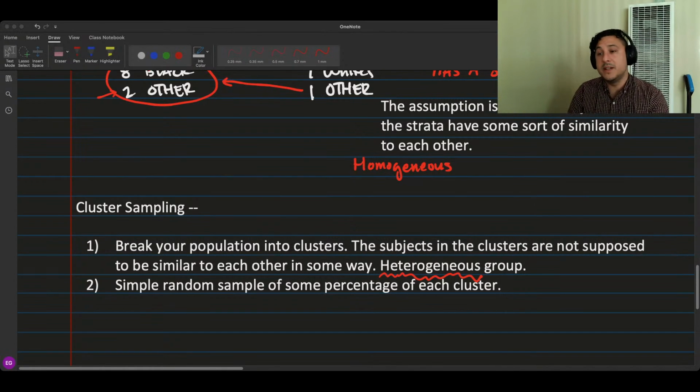It's very similar to stratified sampling. You break your thing into groups, and then you take a simple random sample of each of your groups. The difference is whether the groups are comprised of similar looking people, that's stratified sampling, or if the groups are comprised of people who have no similarities to each other, that's cluster sampling.